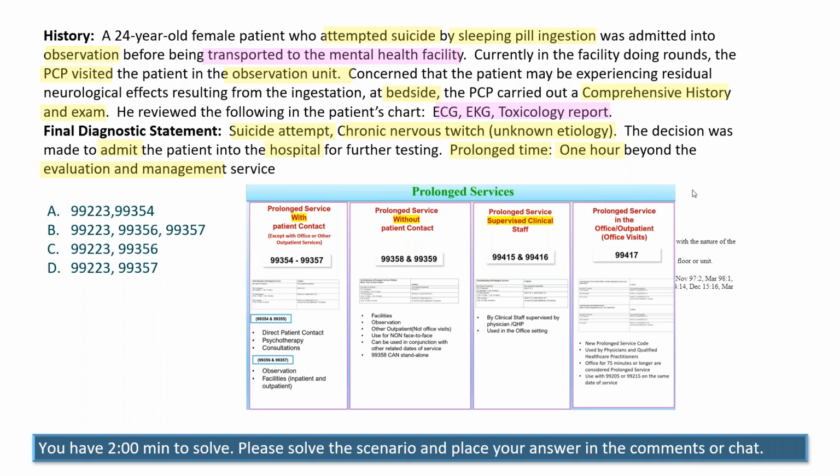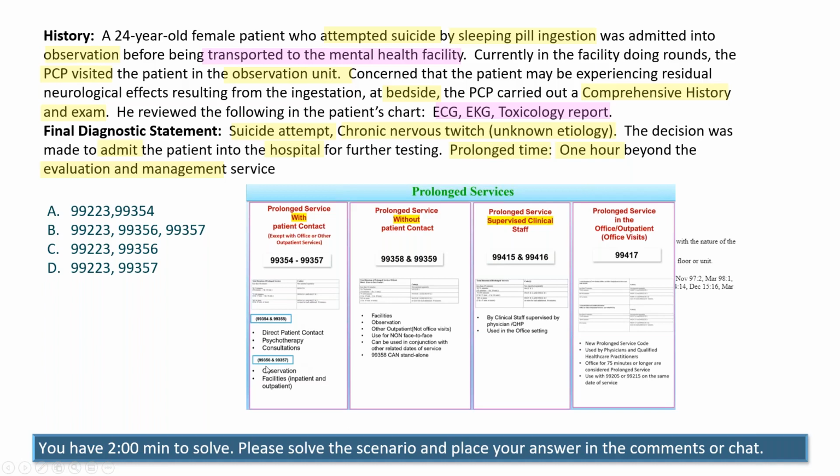Come on, where are we going to get our codes from? 1, 2, 3, or 4? 100% of you said we're going to grab our codes from the with patient contact, right? So we can just look down and see which one falls in the right category.